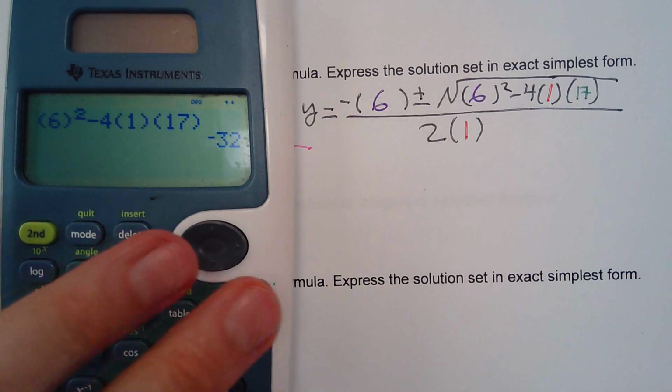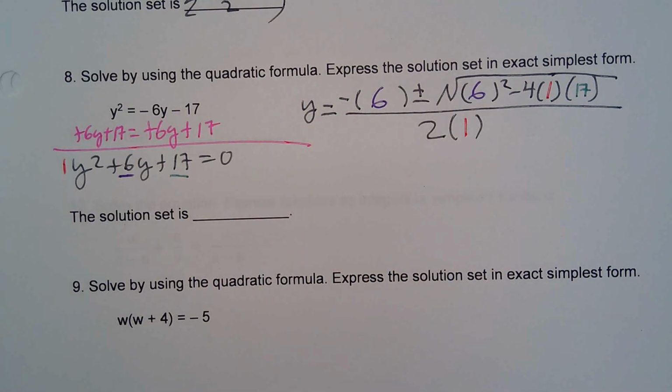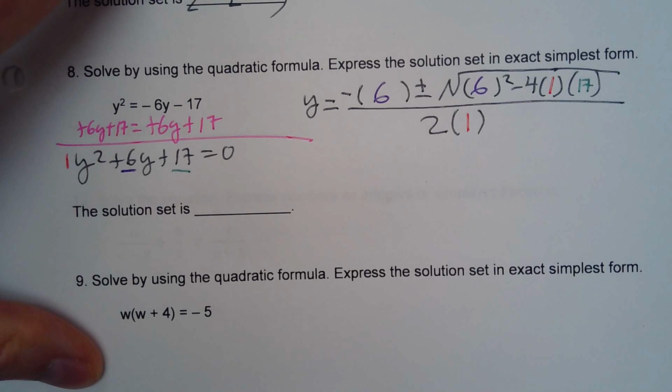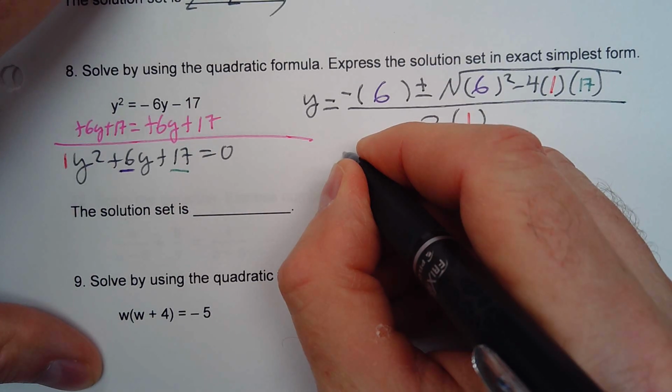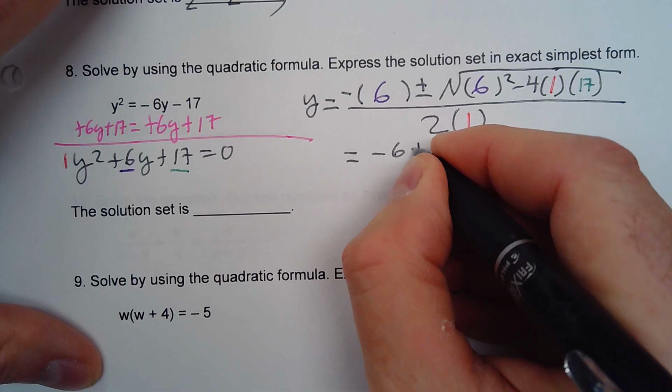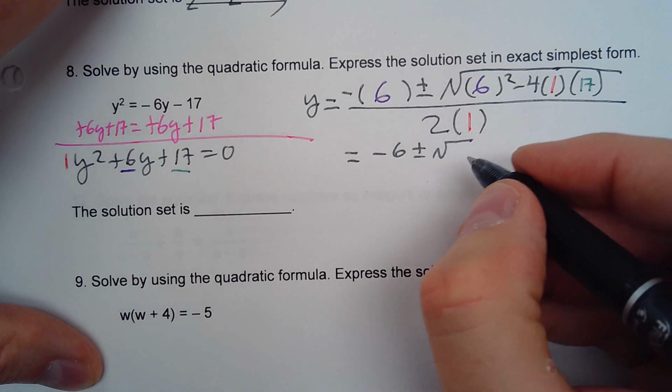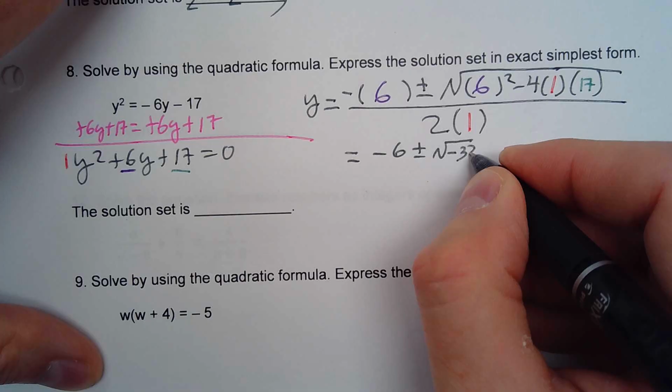So that's a negative 32. So that's going to give us negative 6 plus or minus the square root of negative 32, over 2.